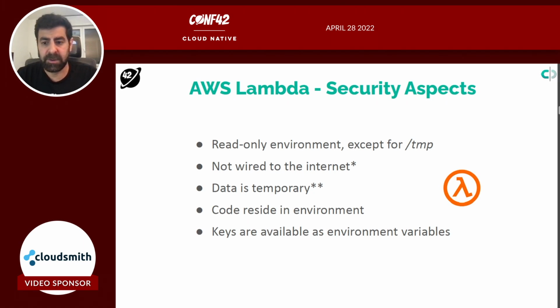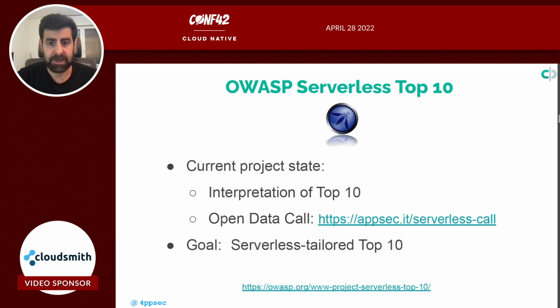Once the code finishes executing, it evaporates, so the data doesn't remain there. It's ephemeral. The code itself resides in the environment, so when the code needs to run, AWS in this case spins up the environment with the code inside and executes it. Also, the permissions for the function, which are translated to keys in the runtime, are located in the environment as environment variables, so the function can interact with other services based on its permissions.